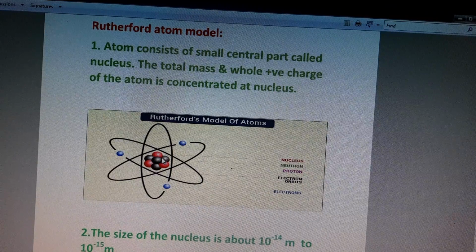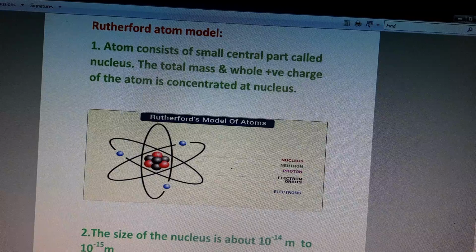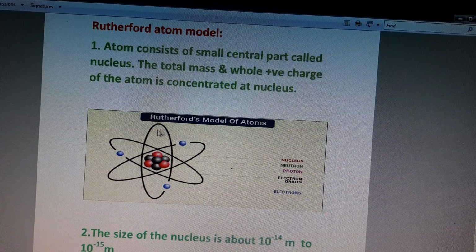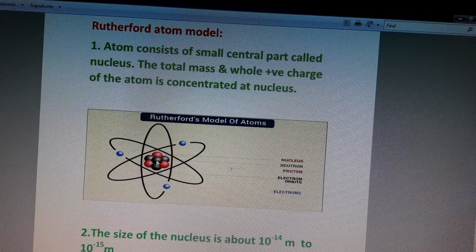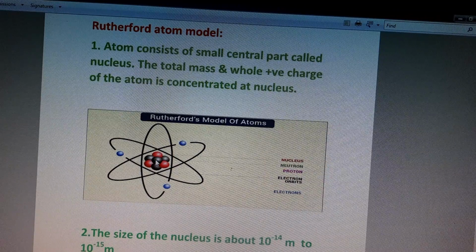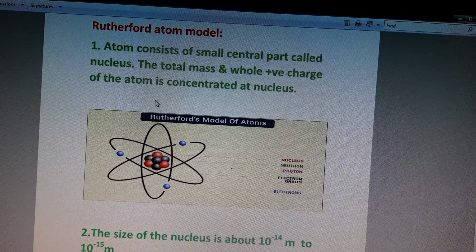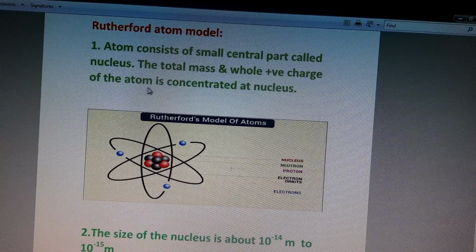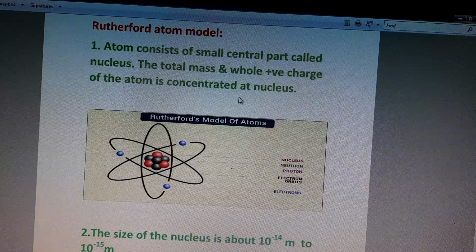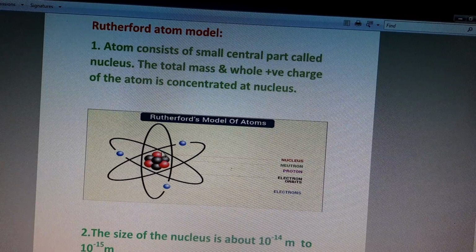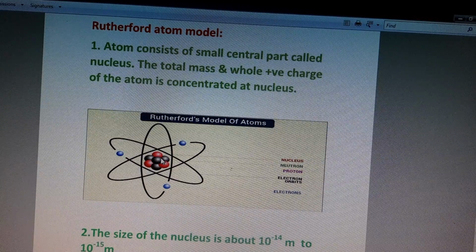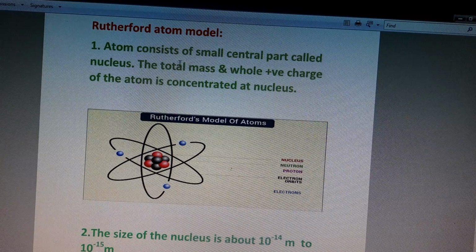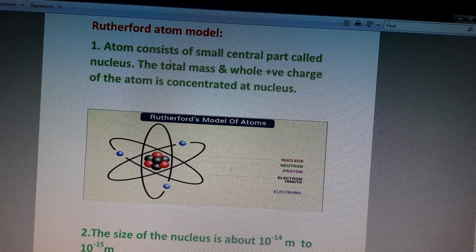According to the Rutherford model, the atom's central part is called the nucleus, and the total mass and the whole positive charge of the atom are concentrated at the nucleus. The nucleus has mass and a positive charge. This is explained by Rutherford.